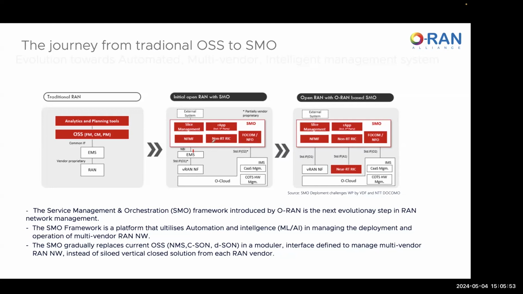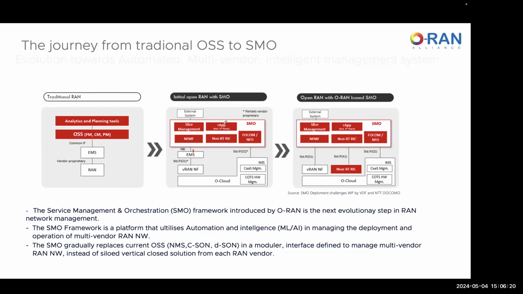And then I will have the rApps doing some intelligence. Think of it as a new functionality or feature for increasing throughput, increasing massive MIMO utilization, reducing ping-pong handovers, based on the data collected from the EMS and given to the non-real-time RIC.